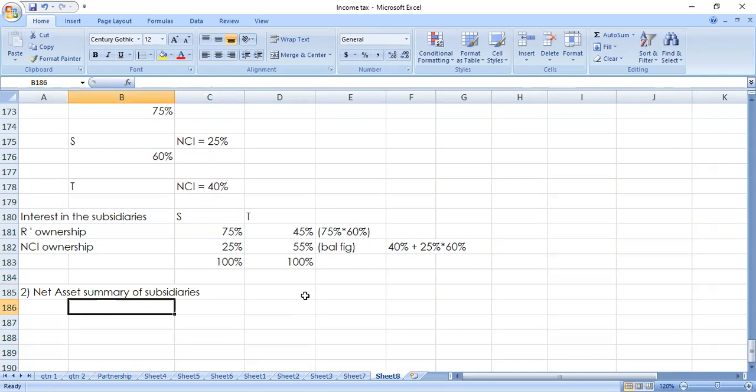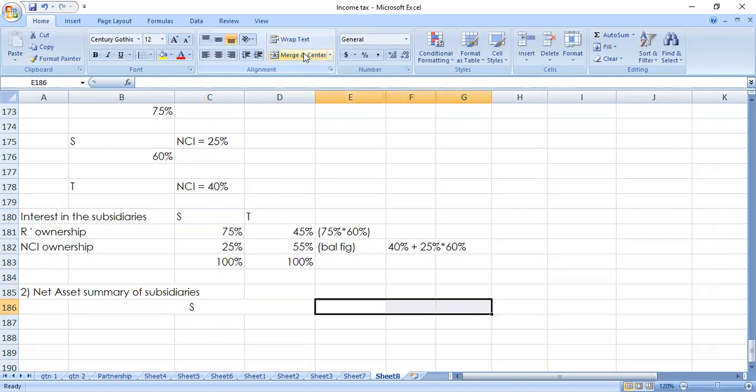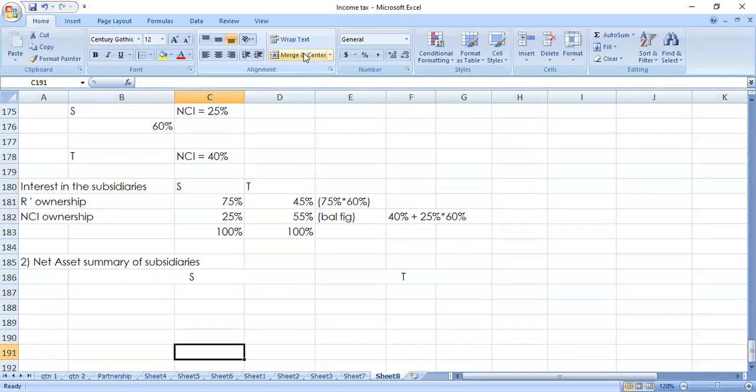Arrangements really differ, but personally, I prefer having first three columns for the first subsidiary. In this case, it will be S. And then the next three, that will be for the next subsidiary, which is T. So whenever you have a vertical group, we're saying you have two subsidiaries. Okay. Now, so this other part is for the details.